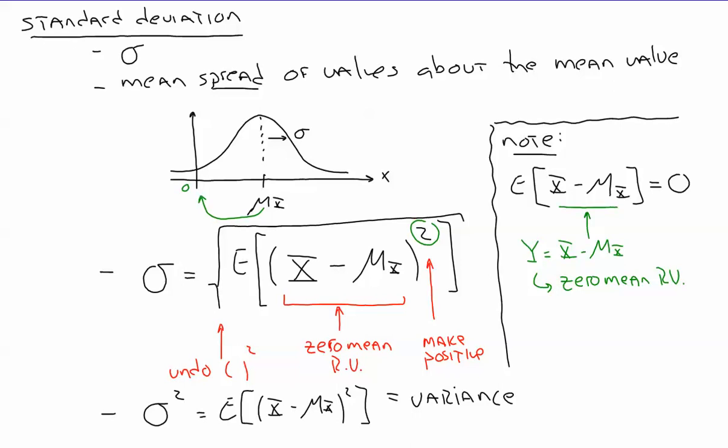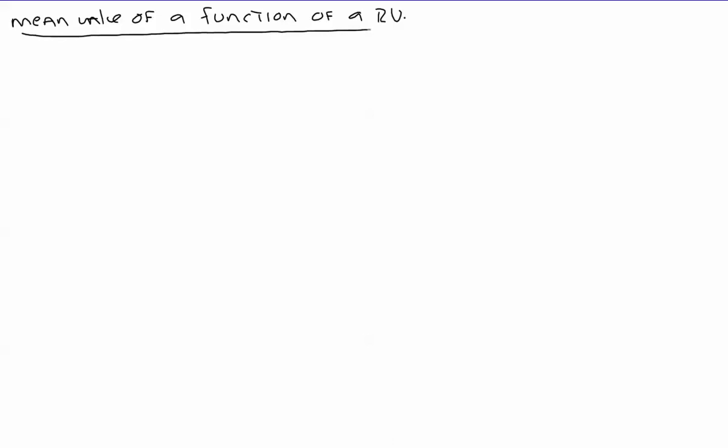First, though, let's talk about how to find the mean value of a function of a random variable. Let's find the mean value of a function of a random variable. In other words, I've got a random variable.